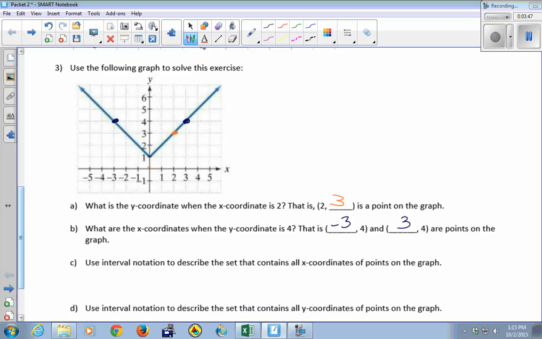All right, I want to use interval notation. It's like parentheses and brackets, right? To describe the set that contains all the x coordinates of the points on the graph. If I'm just looking for the x coordinates on this graph, what kinds of numbers are they? Negative and positive.